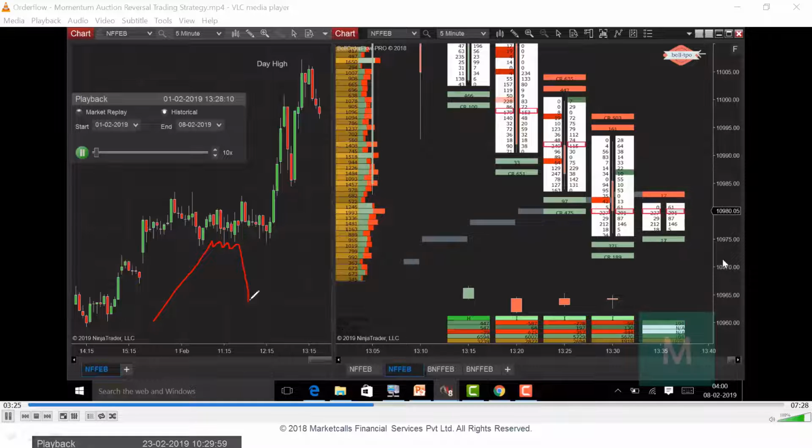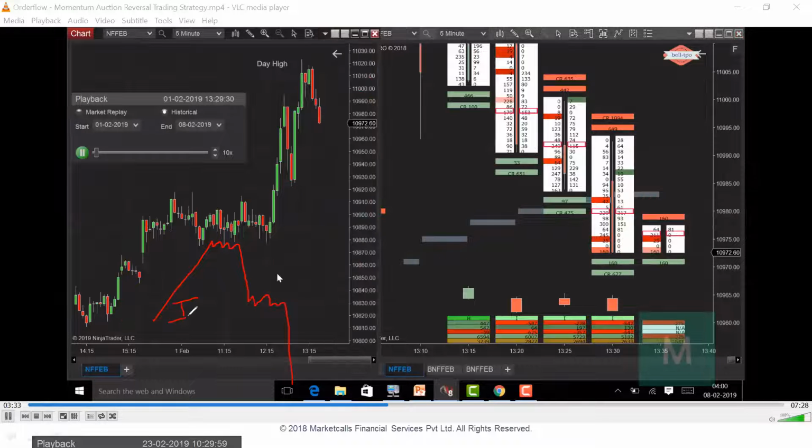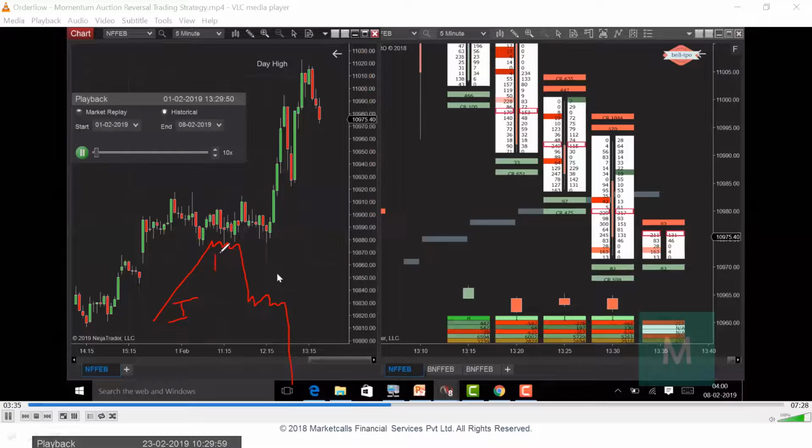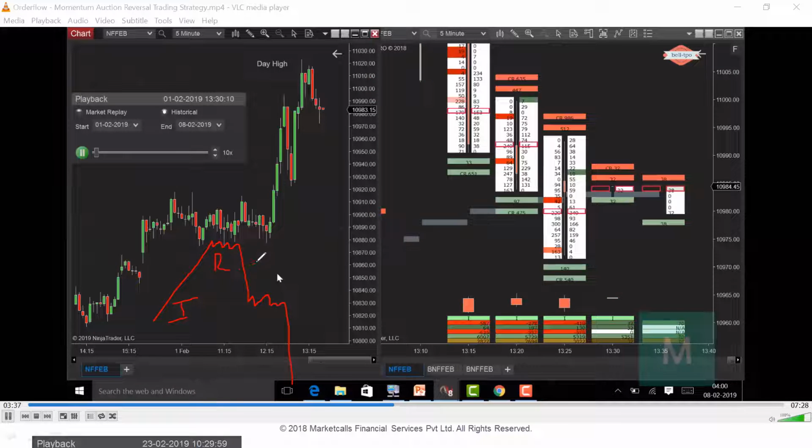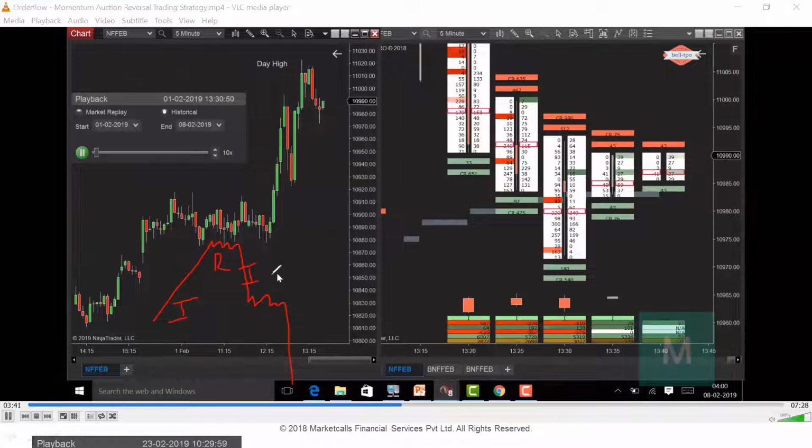And then again it was doing some sort of initiative again. Again it went down, a little bit of responsive here. So initiative up here, responsive here, initiative down here again, then responsive, again initiative down.